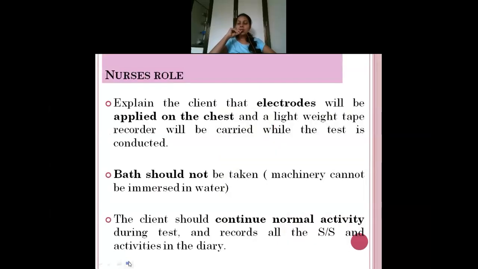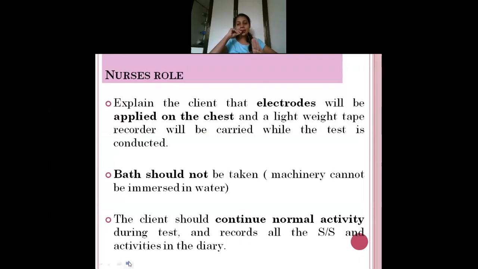Now, what is a nurse's role when a person comes for Holter monitor? What I have explained in the procedure, same things you can explain here. The nurse's responsibility is first to explain the procedure to the patient, what will be the cost of it, and tell that if excess hair is there, they will shave the area. The nurse has to tell that electrodes will be placed on the chest, and the lead wires are fixed to a recorder with the battery that is around the waist of the patient.